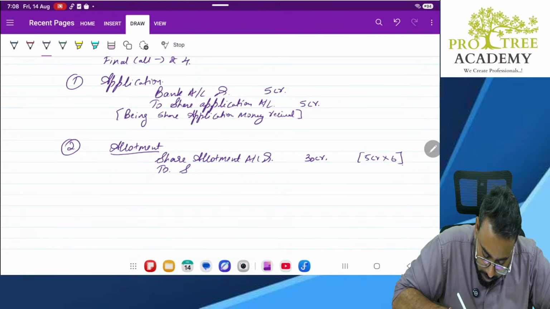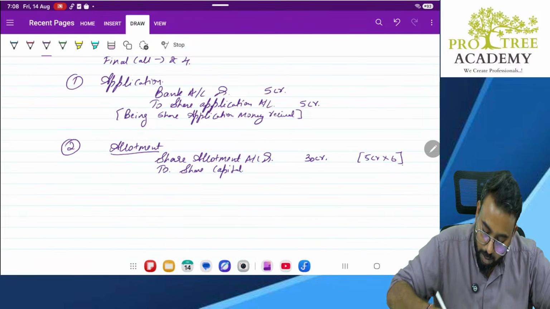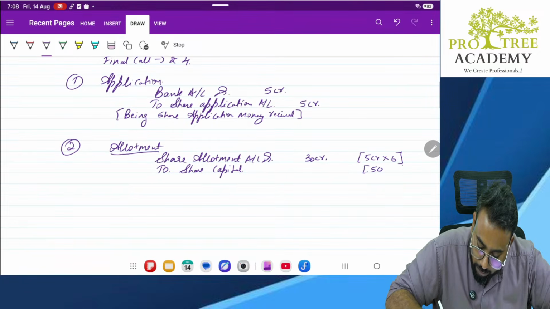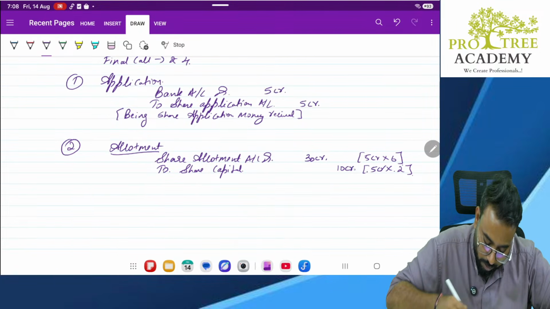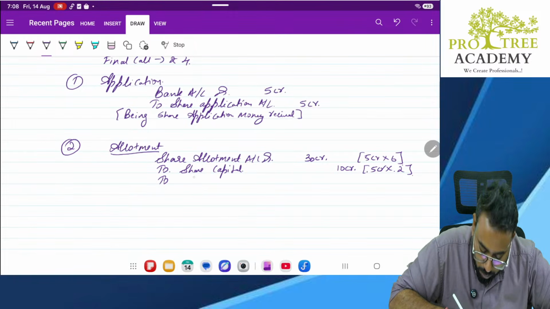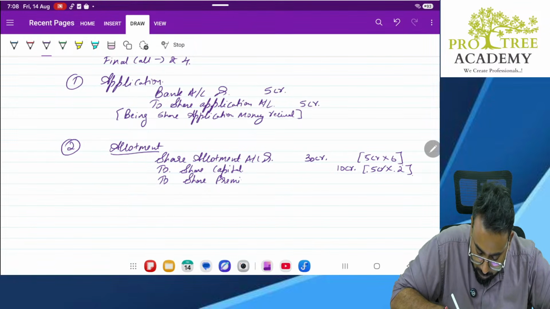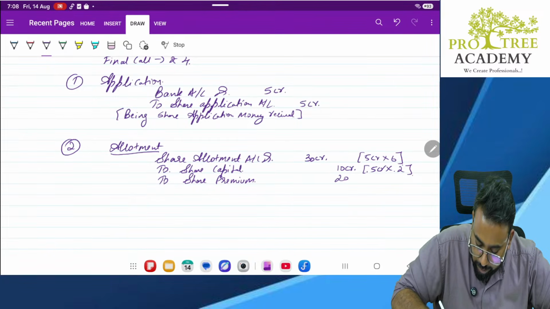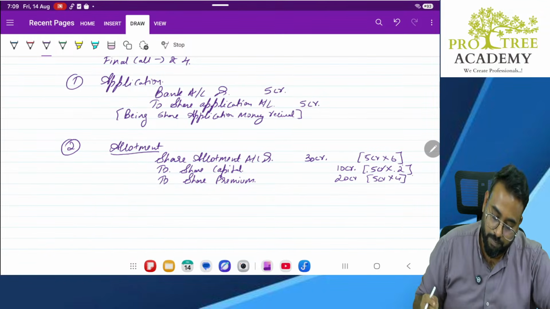To share capital. How much share capital? 5 crore shares into 2 rupees each. So 10 crores. Then to share premium 20 crores. How 20 crores? 5 crore into 4 rupees each.